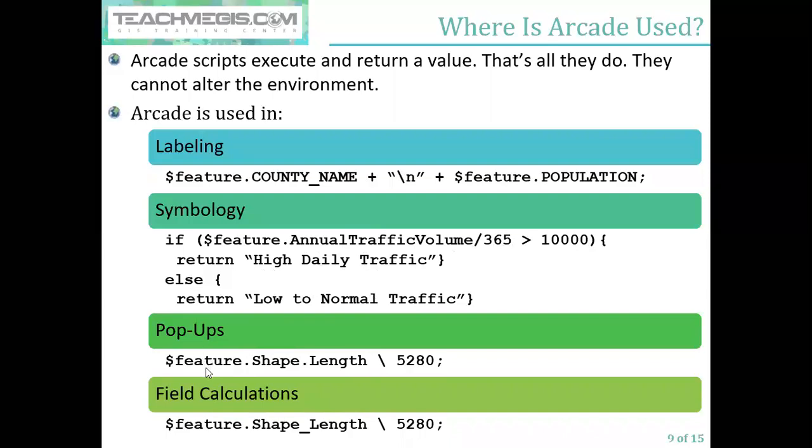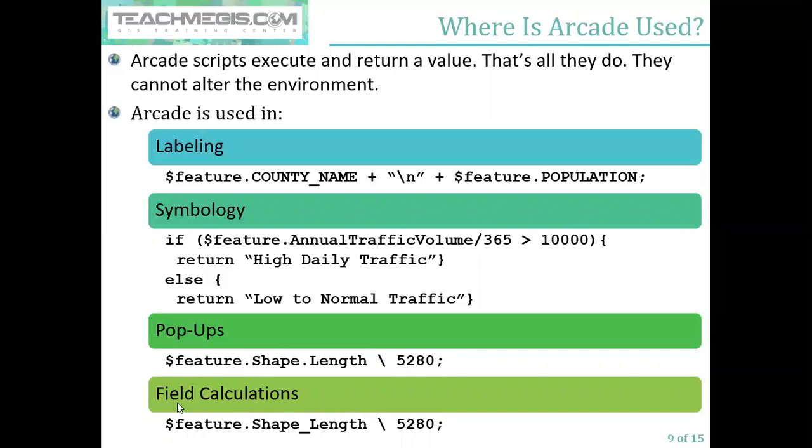Here's an example for pop-ups. Maybe we've got a shape length column, but it's in feet, and we want our pop-up to display the length in miles. So our pop-up expression will be $feature.shape length divided by 5280, which is the conversion from feet to miles. We could do the same thing as a field calculation if we wanted to actually put the new length in a database table, right?